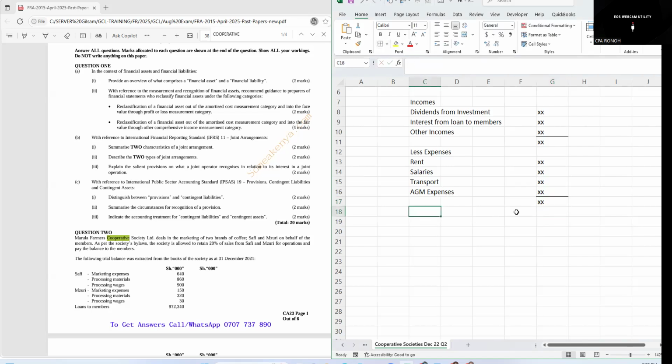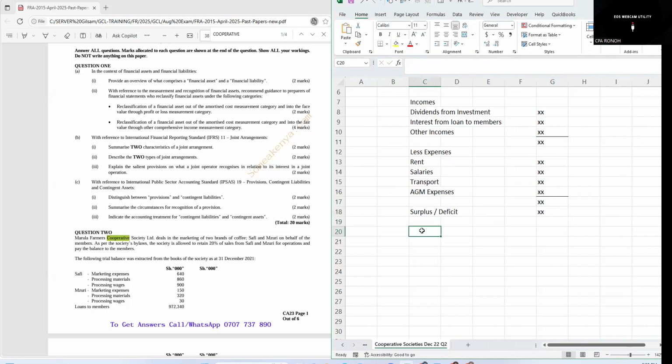So once you get the total expense, subtract from the gross profit, you will get your surplus or deficit.